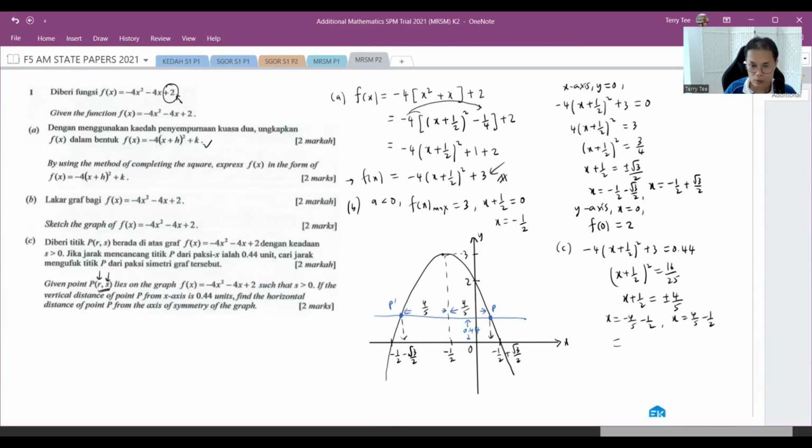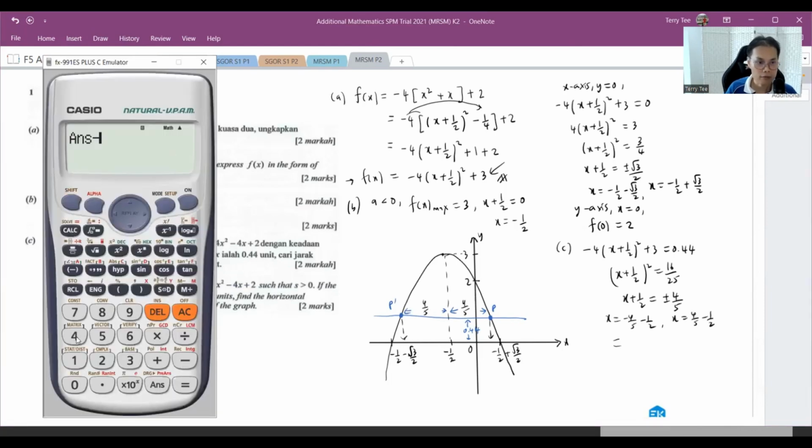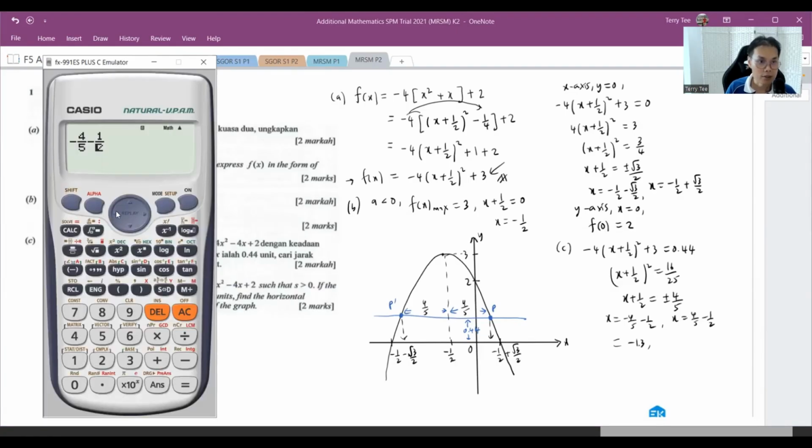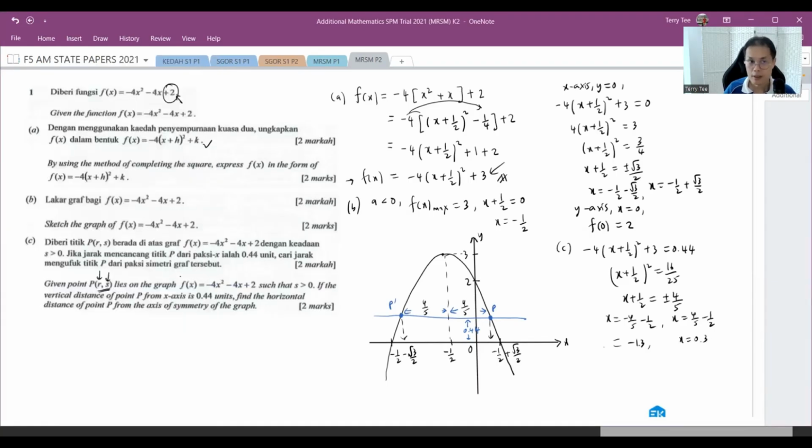So, okay, I'm just going to show you here. Negative 4 over 5, you minus half, this will give us negative 1.3. You can write 13 over 10. Maybe I write negative 1.3. The other one, I just change the negative to positive, so this is 0.3. All right. So that means that this is 0.3 over here. Let me use a red color pen.